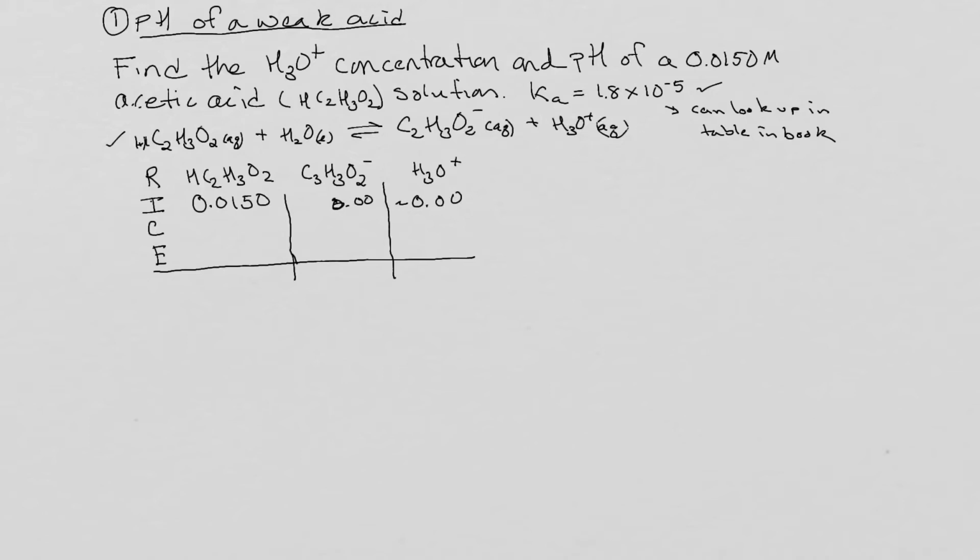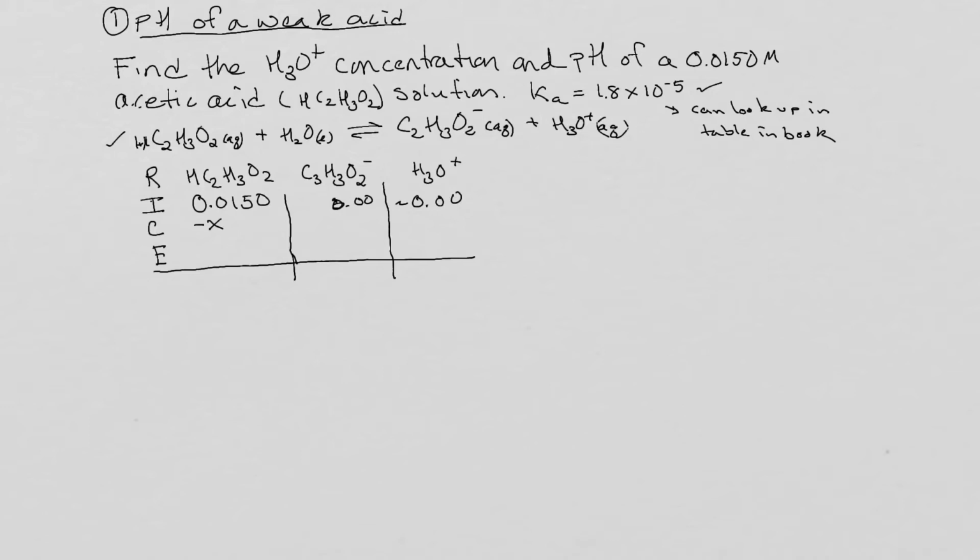Okay, so let's go through our process for figuring out our equilibrium expressions via our RICE table. So we're going to denote our changes in accordance to a variable. We have a 1-to-1-to-1 stoichiometry. So we can see that our reactant is going to go down as we approach equilibrium, and it's going to go down by x.